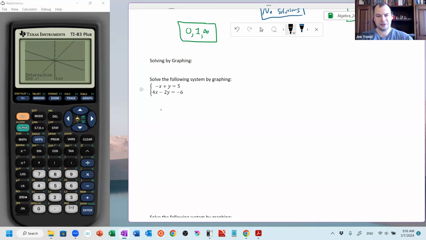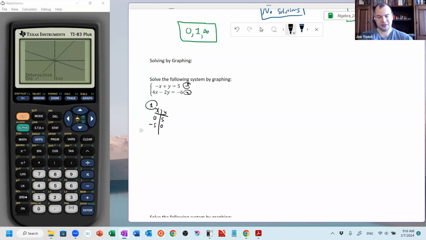Okay, so let's label our equations, equation 1 and equation 2. For equation 1, I'd like to find a couple ordered pairs to help me graph it. So I see when x is 0, y has to be 5. When y is 0, x is negative 5.